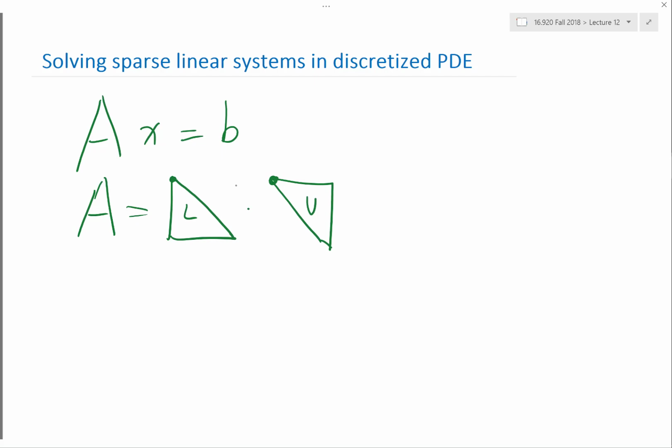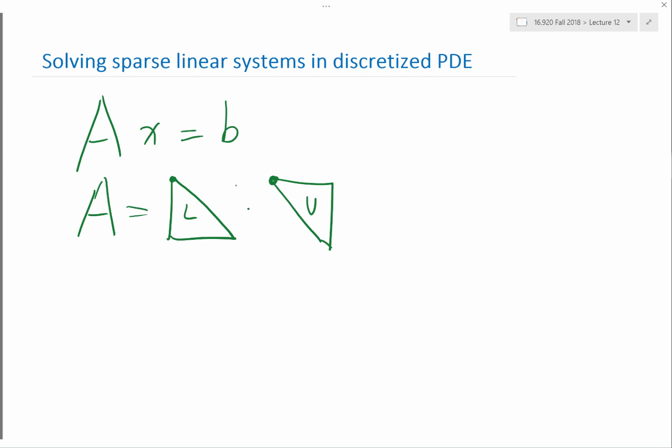The way I visualize it is you decompose the right hand side U into different columns, and you decompose the left hand side L into different rows, and then you just dot product each row in L with each column in U. That gets you individual entries in the matrix A.